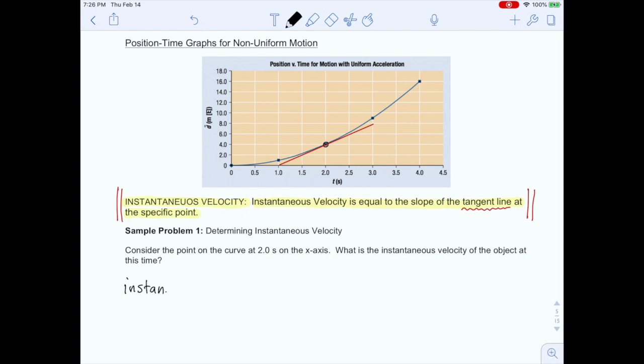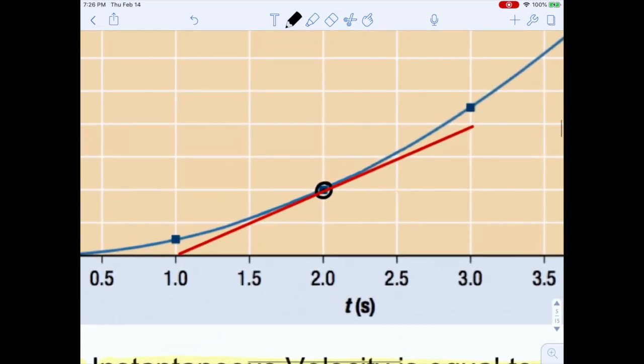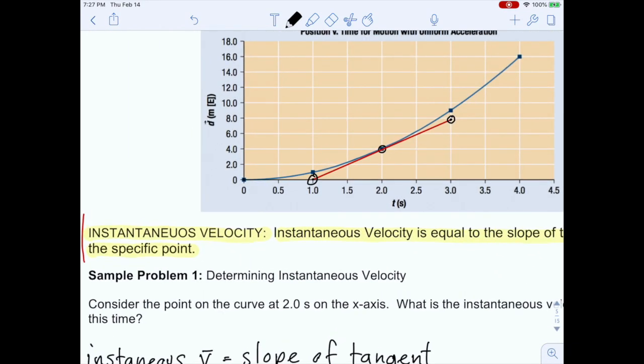So instantaneous velocity is equal to the slope of the tangent line. So the velocity will be equal to d2 minus d1. We'll look at these 2 points here. That's position 2 and position 1, occurring at t equals 3 seconds and t equals 1 second. Let's look at the corresponding position values. We have 8 meters east and 0.